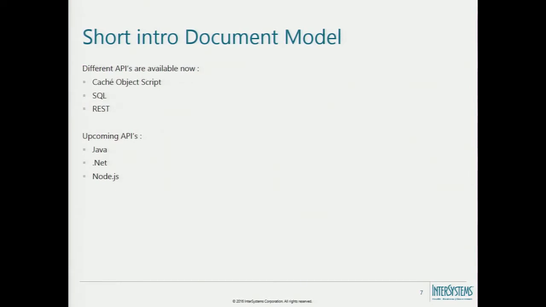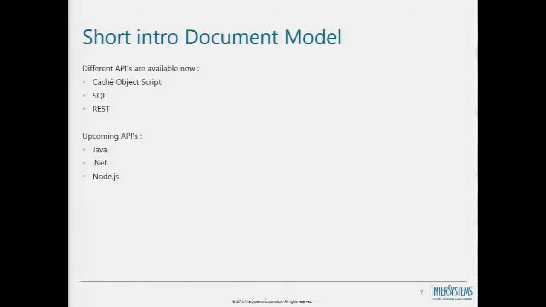Right now, we have some APIs already available to work with the document data model. Of course, Caché Object Script is the first thing that we did. Within Caché Object Script, you can create documents and do everything you want with it. We also have SQL, so you can use the documents in an SQL statement. You can even join tables and documents in one big query. So that's all available, but I'm not going to talk about all that.